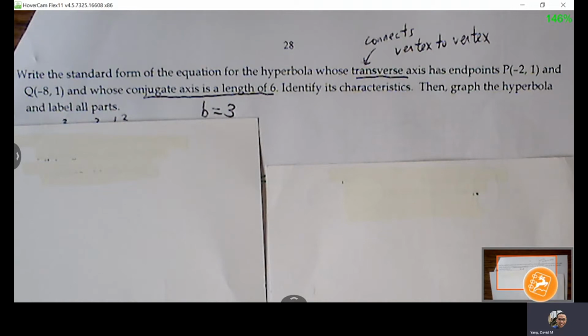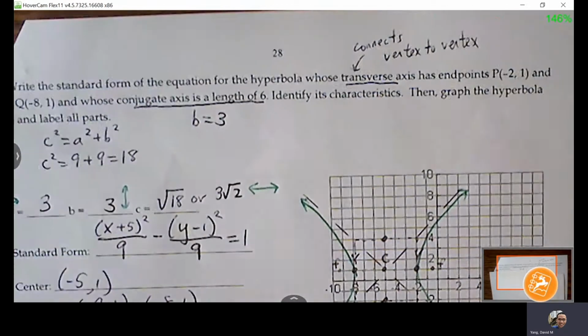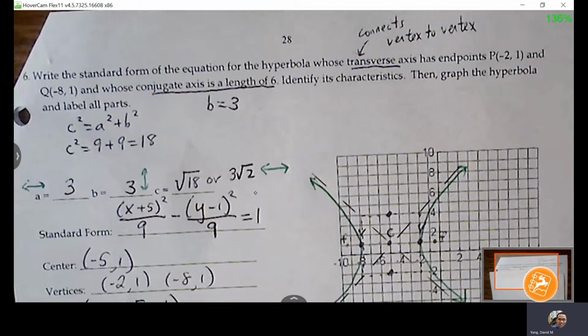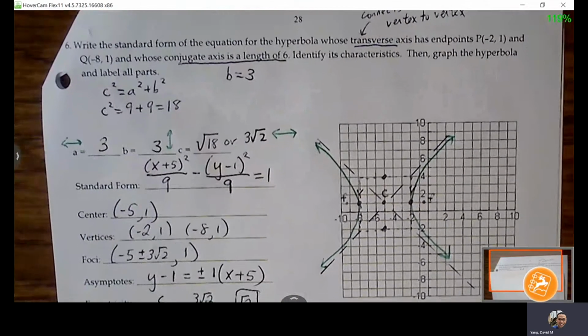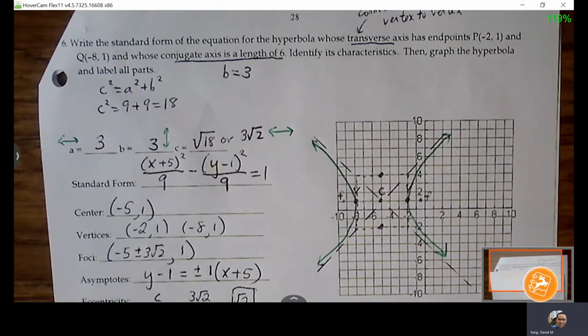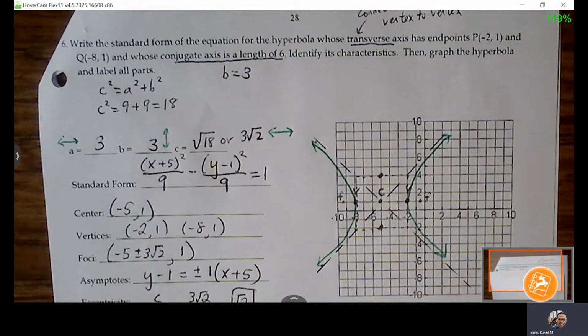In this case, it's B because conjugate is going to be related to your B value. So your A value is going to be 3, your B value is also 3.